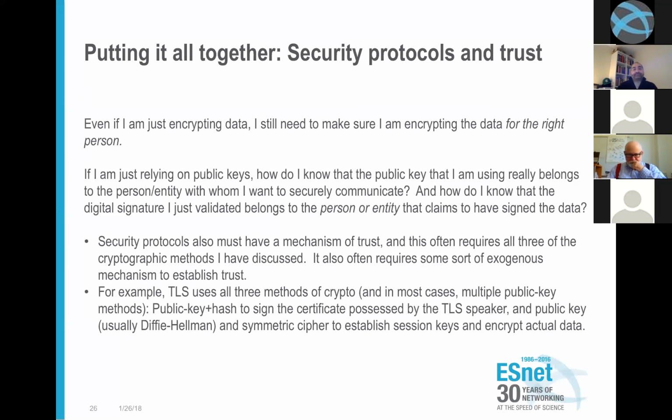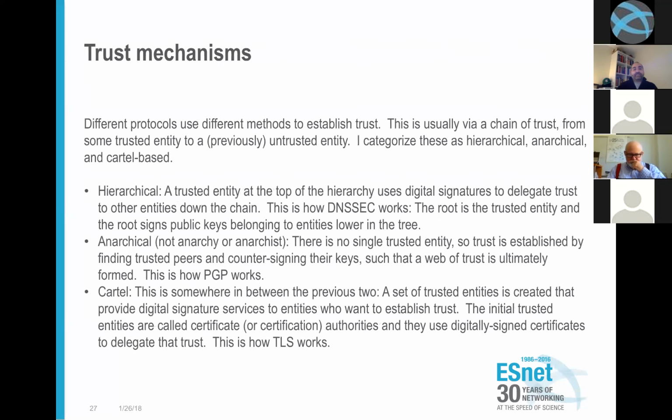So in order to do that trust mechanism with a digital certificate using TLS, I basically need to have a cartel, a group of people that are trusted by the browsers, by the various Unix and Linux distributions, which basically says, here's a group of CAs and we trust them, therefore you should trust them. That doesn't always work very well.